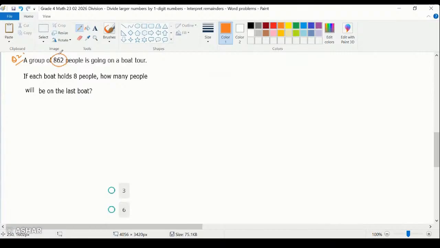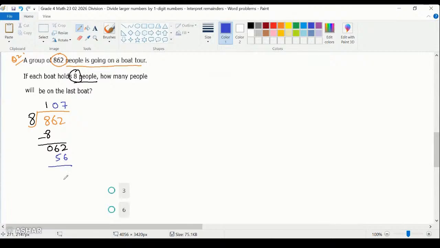There were 862 people planning a boat tour. That means 862 is to be divided by how many people per boat? 8. That should be 100 something, right? Can we say 1, 8, 0, 6 comes down. 6 cannot be divided, right? 62 divided by 8 would be 7. 107, right? 8 into 7 is 56.